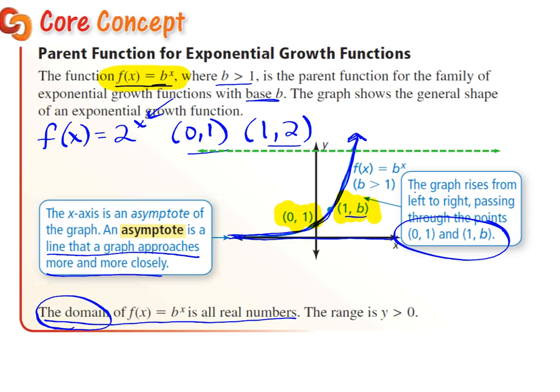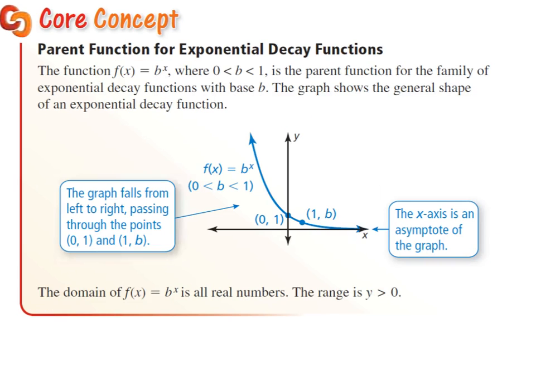All right. So let's talk about exponential decay. That's the next one on your page. What is the difference? How would you compare this graph to the other graph? This one is a reflection on the y-axis. So both of those things were really great.